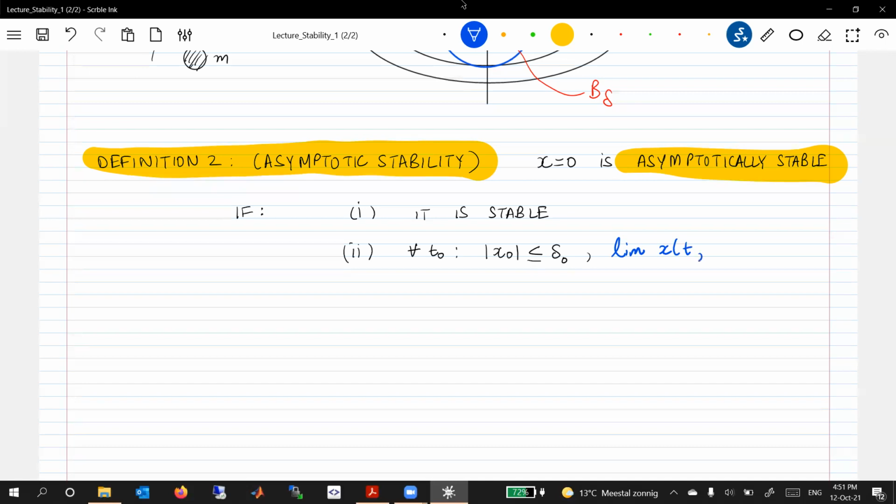So the limit of the solution starting at that initial condition, so there should be a delta naught greater than 0 such that for every initial condition inside this delta naught ball, we are landing into the fixed point.